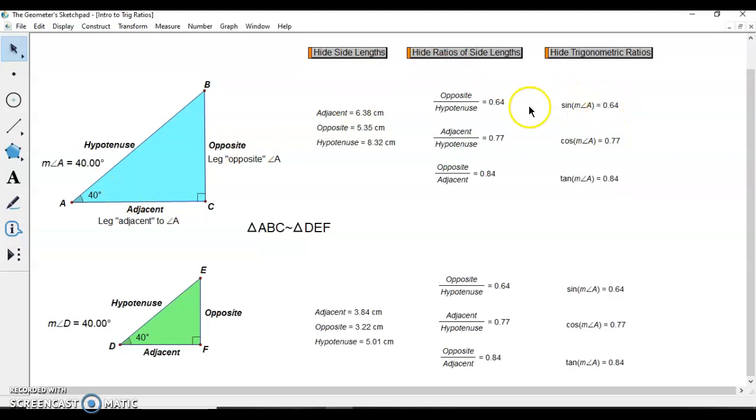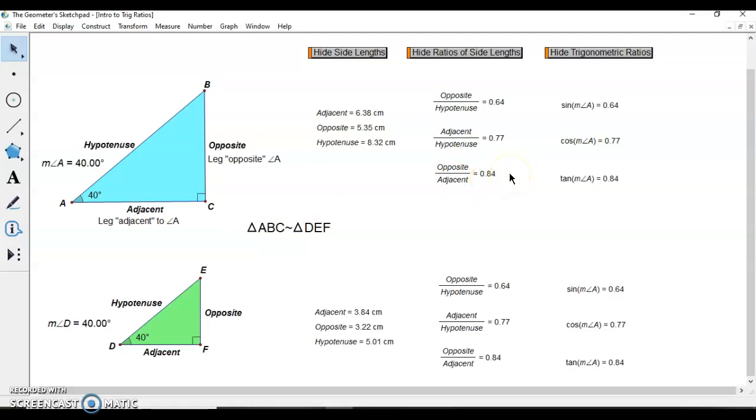Notice, opposite over hypotenuse was 0.64 as well. The cosine of the measure of angle A, this 40-degree angle, is 0.77, and the adjacent over the hypotenuse was 0.77 as well. And then finally, the tangent of angle A is 0.84, and we found that if you divide the opposite by adjacent legs, you get 0.84.